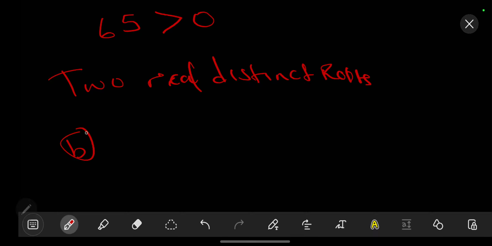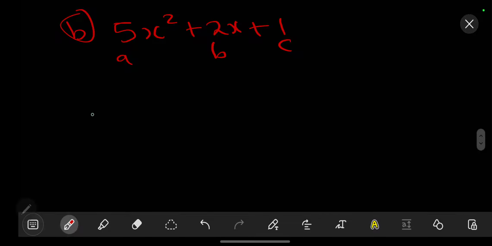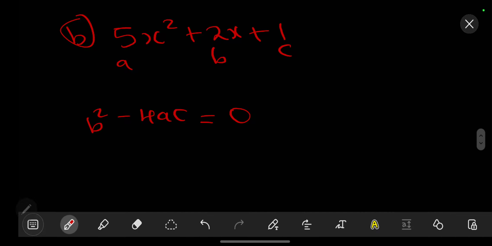When we look at our next equation, we have 5x squared plus 2x plus 1. So this is our a, b, c. We say b squared minus 4ac. Our b is 2, so we have 2 squared minus 4, our a is equal to 5, our c is equal to 1.